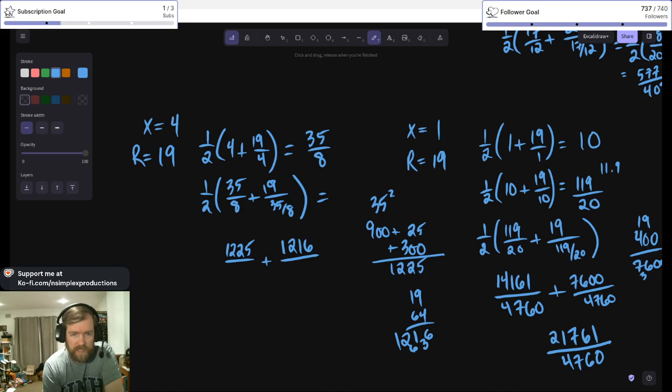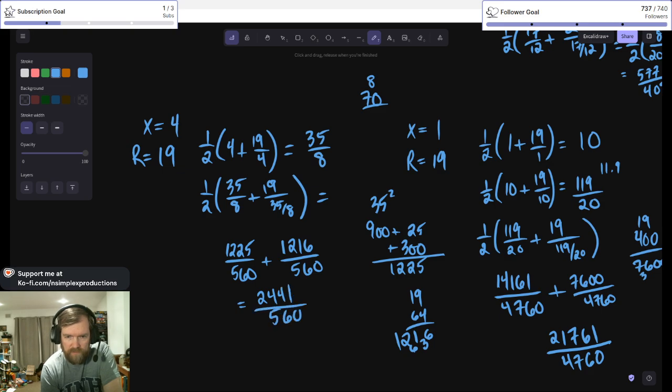That is 8 times 35 times 2. So 8 times 70 is going to be 560. Okay, which is going to be 2441 over 560. That looks pretty good as it sits.